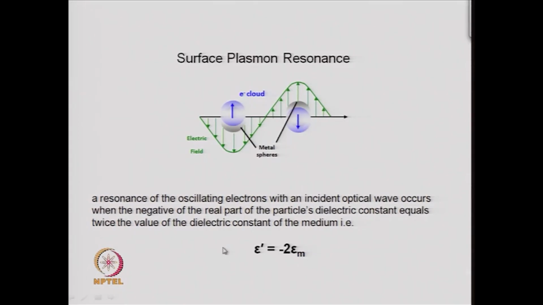So, this is the criterion for surface plasmon resonance to occur, and that depends on the dielectric constant of the metal and the dielectric constant of the medium in which the metal has been impregnated or supported, or the medium through which the light is being passed.